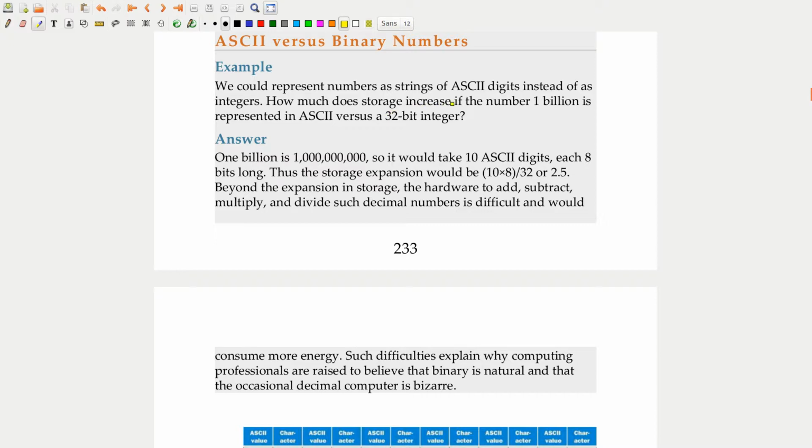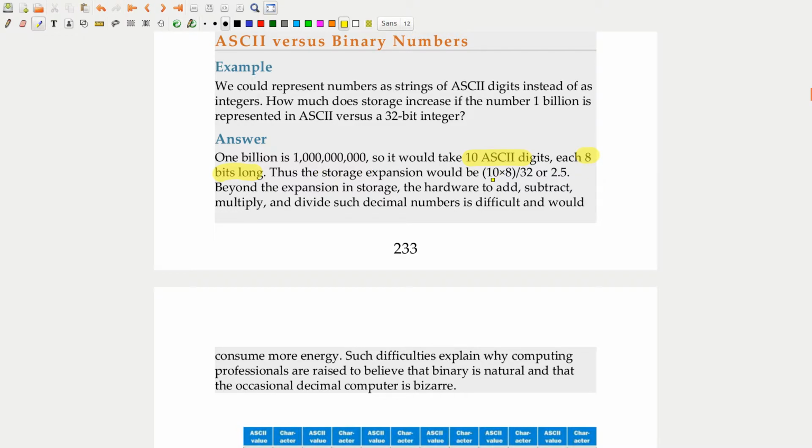How does storage increase if the number 1 billion is represented in ASCII versus a 32-bit integer? 1 billion takes 10 ASCII digits, and every ASCII digit is 8 bits, or 1 byte, because we have 8-bit bytes.